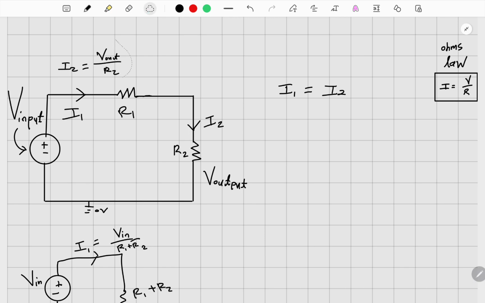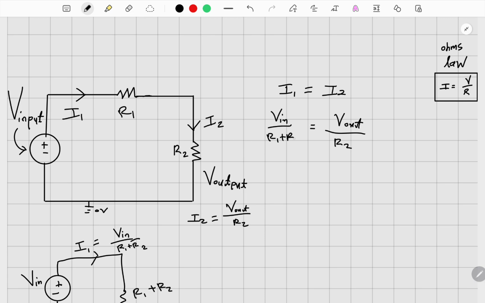I should put that equation over here. So that's our equation for I2. Now I'm going to sub this in and solve for output. So we have V output divided by R2 is equal to V input divided by R1 plus R2.